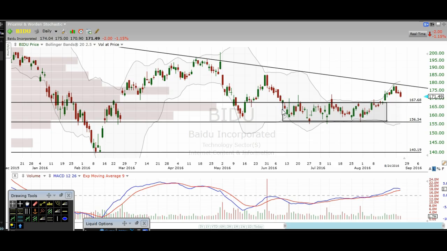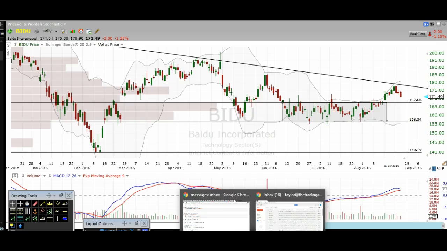You can see that it's just trading back and forth between about 168 and about 156. So usually that provides a nice little breakout move that you can play on. So support is between here and here. Very thick support in here from all this sideways trading action. Okay.